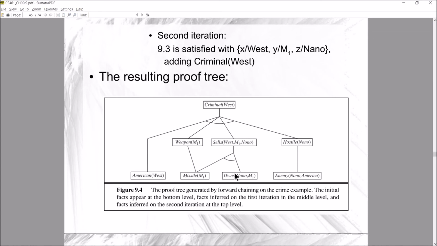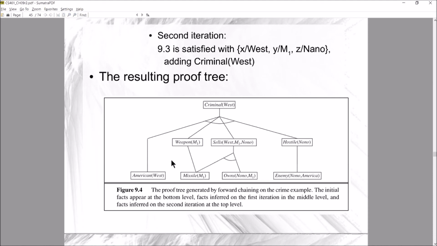Because if it's a missile and it's owned by no, it must have been sold by West to no. No, no's an enemy of America, so that's how we were able to plug the no into hostile. We were given that American was a West. So combine all three of these facts, right?